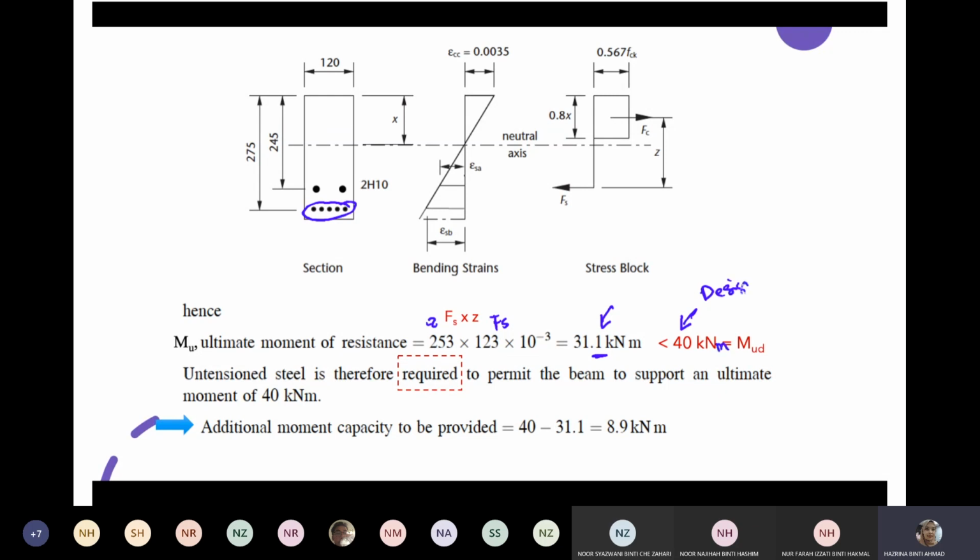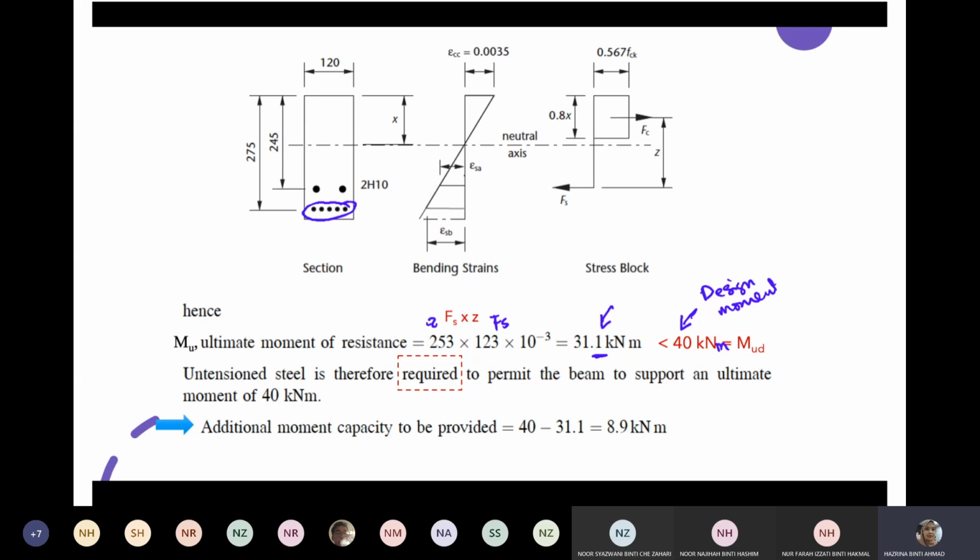With regards to the loadings subjected to our section, we have 40 kilonewton meter which has to be catered. However, the section can cater only up to 31.1 kilonewton meter. Therefore, we consider that our section does not have a sufficient moment of resistance.